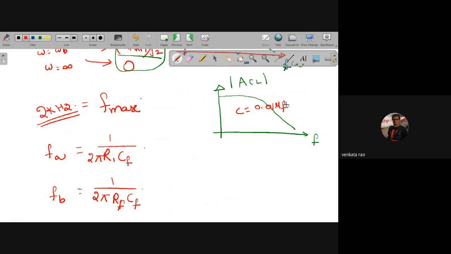Practically, the maximum frequency is equal to the FA value. And FB is generally FA by 10, or F maximum by 10.